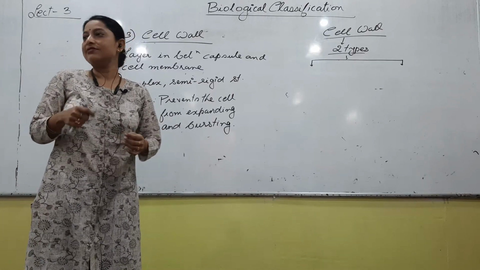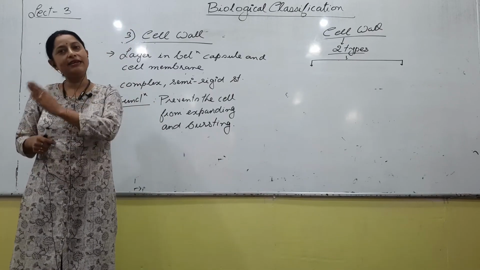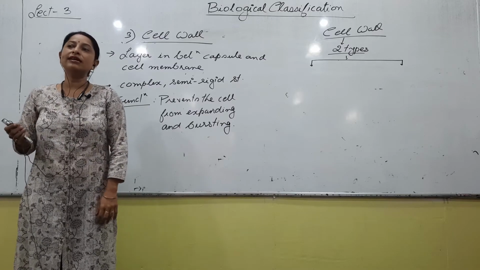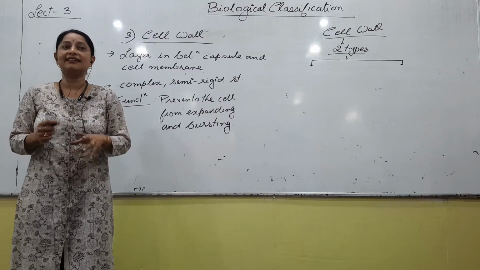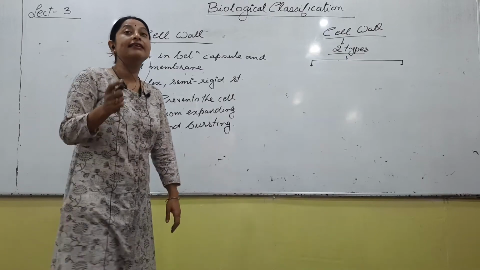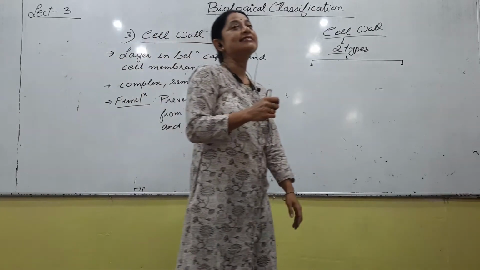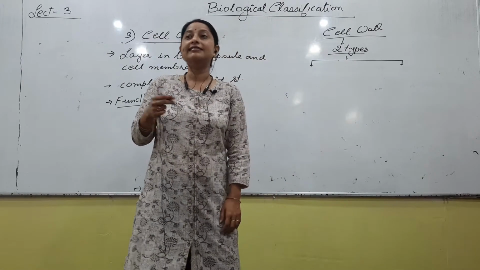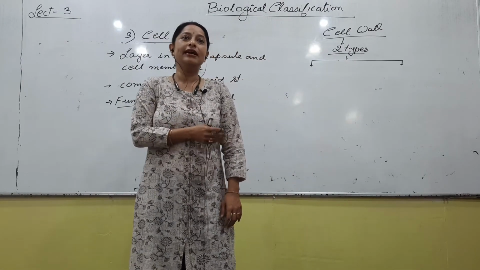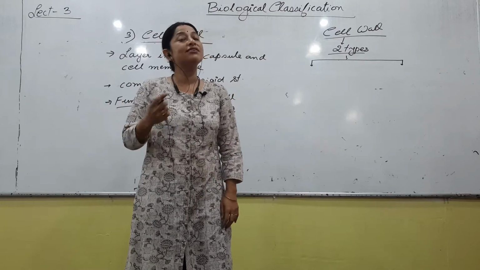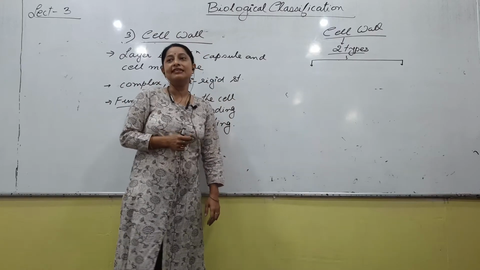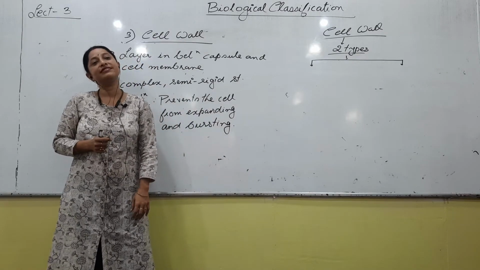We'll come to the staining part later. Some bacteria retain the color, some do not. Why is it like this? Gram-positive bacteria take up the color, gram-negative do not. What is the reason behind it? It is because of the structure of the cell wall.